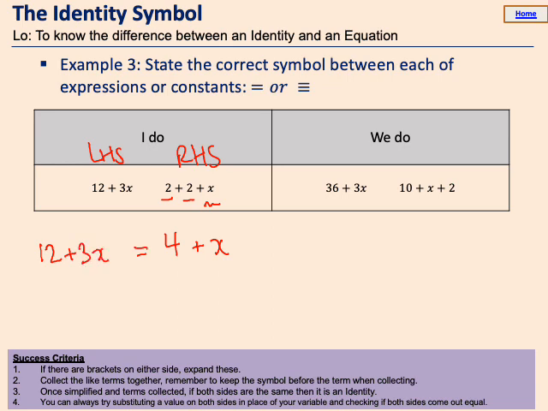So we have 12 and 4, so our constants aren't the same, and our algebraic terms, the 3x and the x, aren't the same. So it's most appropriate to put an equal sign and create this into an equation, because this is not going to be correct for all values of x. So it's not an identity.